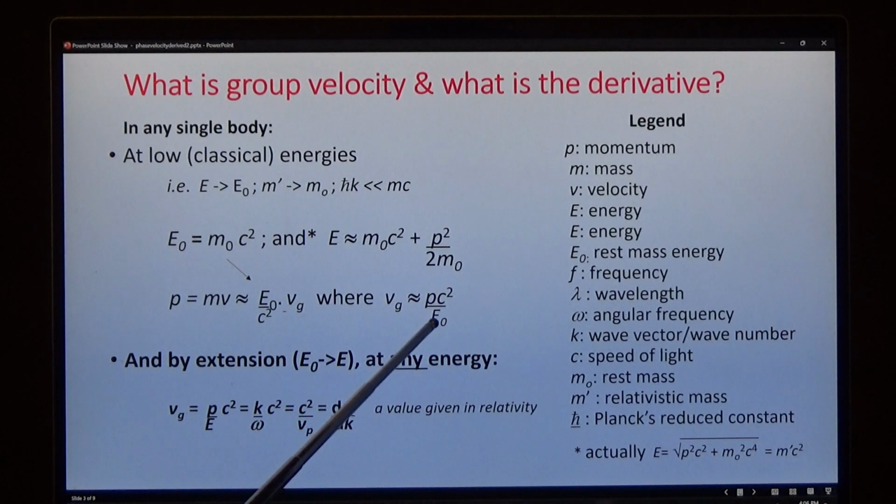Rearrange, and we find the group velocity is equal to p c squared over E0. And how do we go on from there? Well, when we move from the low energy range to the high energy range, remember the mass increases, the energy increases, but the speed stays the same.